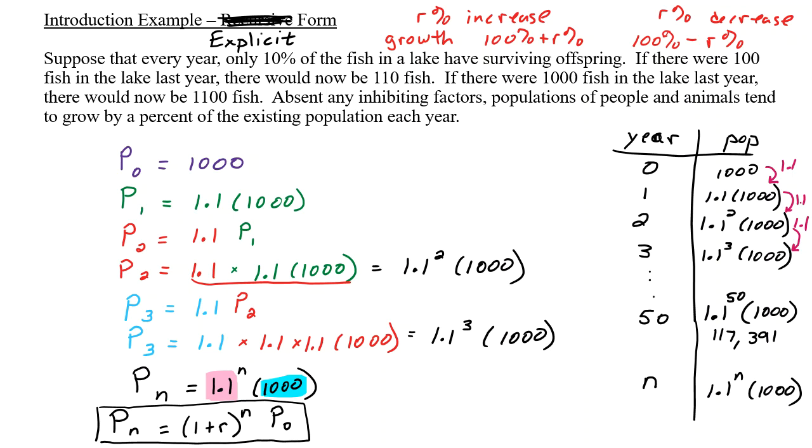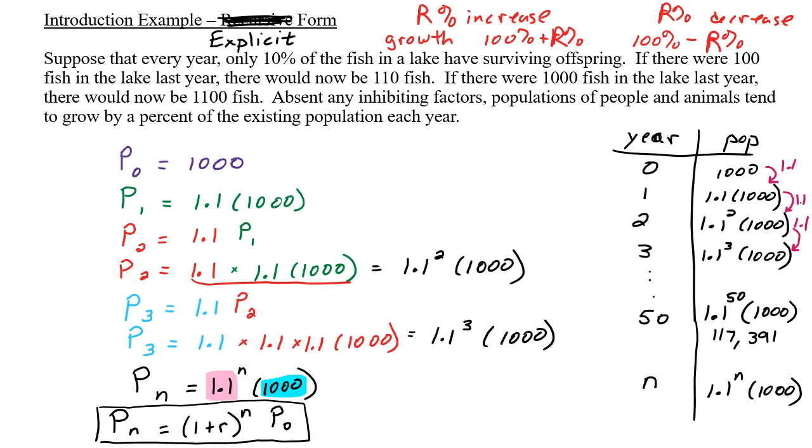This R would be expressed as a decimal, like this 1.1. So the 10% would be 0.1. So it might be better to just say R percent increase or R over 100. We could even distinguish capital R percent, and then let little r be the decimal approximation.